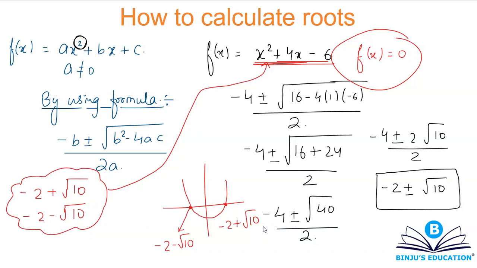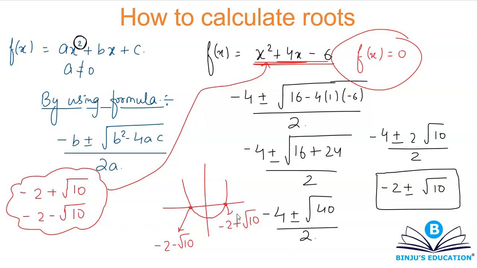This is why it's also known as the x-intercept. What is the x-intercept? The x-intercept is the value of x for which y is equal to 0. Or what is a root? Roots are those input values for which the function is equal to 0. We put the value of the function on the y-axis, and on the x-axis y is equal to 0.